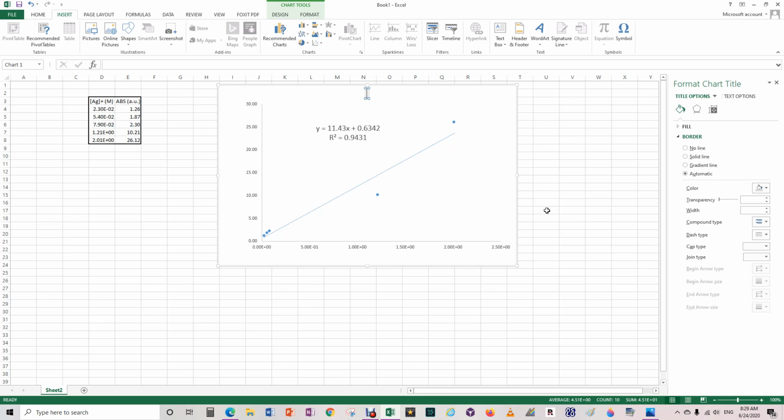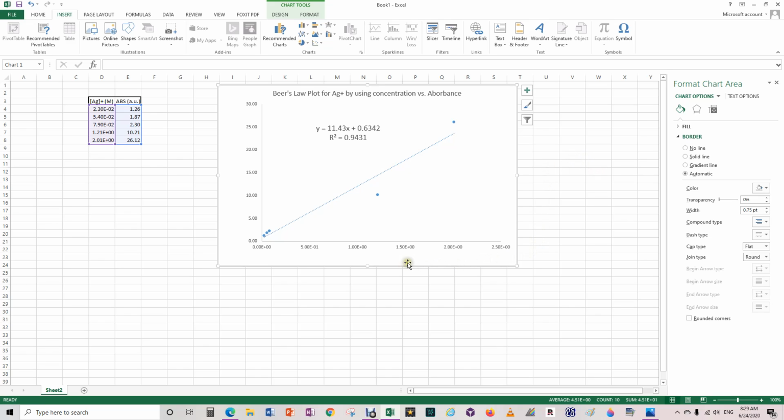So for this one, you can probably say Beer's law plot for Ag plus by using concentration versus absorbance. So that will be an inclusive title.